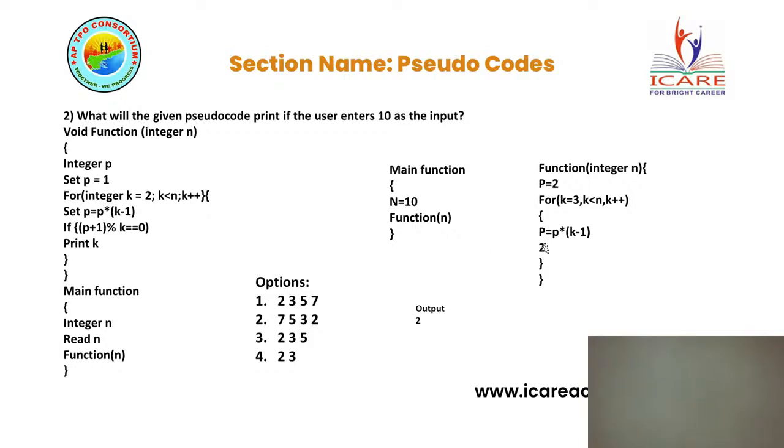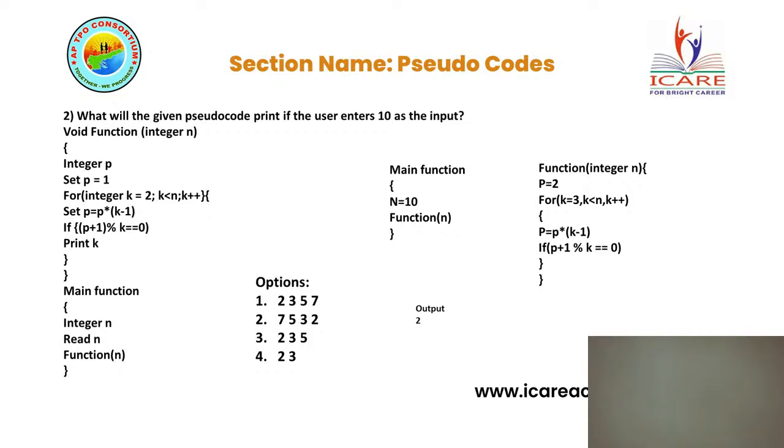And in the if condition, what is the condition? If p plus 1 modulo k is equal to 0 or not, that is the condition. So p value is 2, p plus 1 is 3, and 3 modulo 3 is 0.